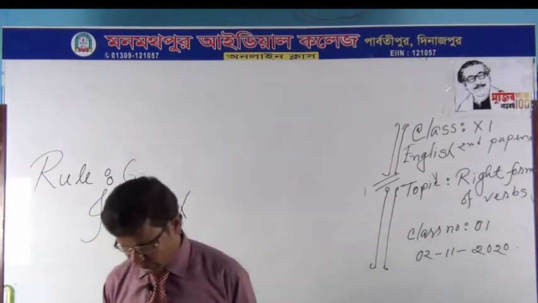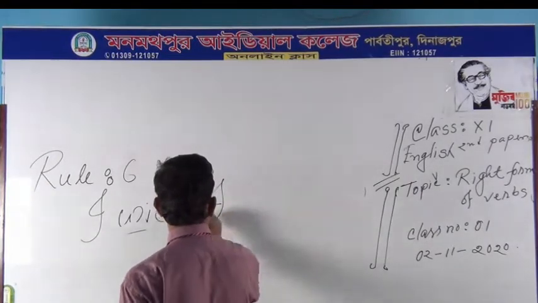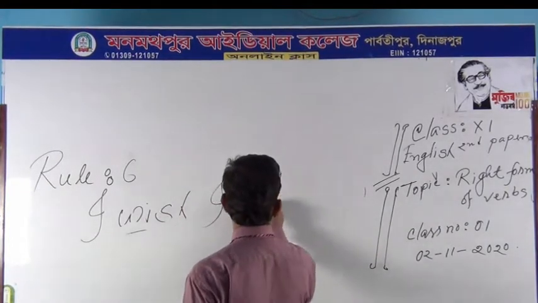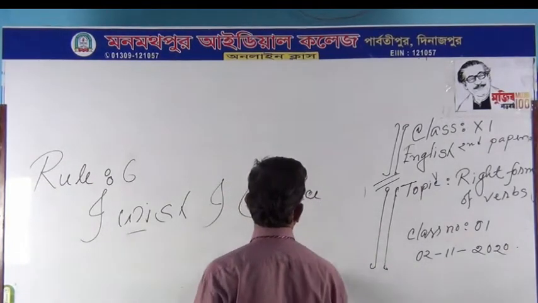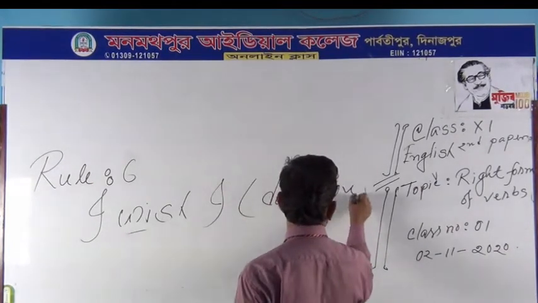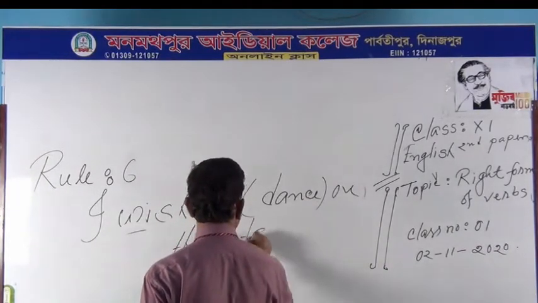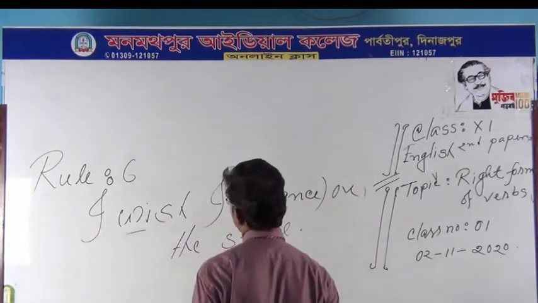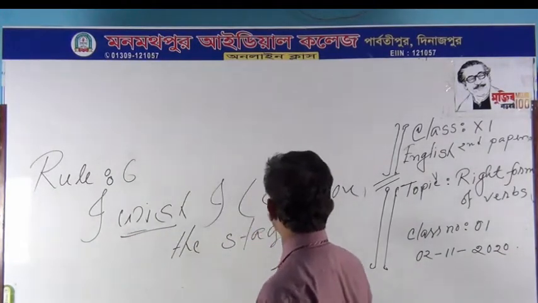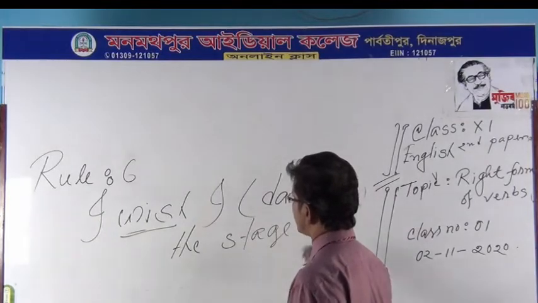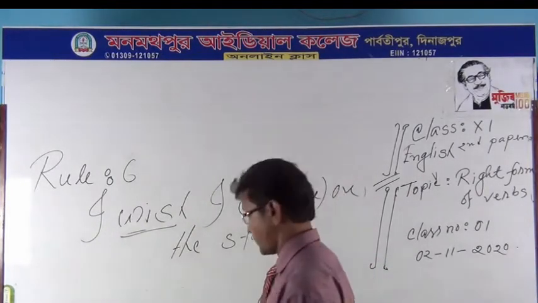For example, I wish I dance on the stage. There you find wish, and there is a principal verb within bracket. So the answer will be danced or could dance.